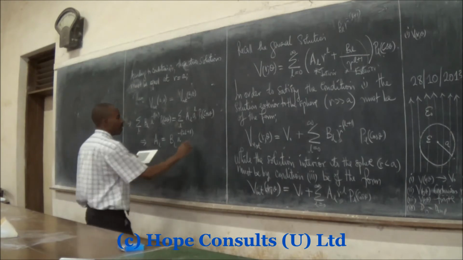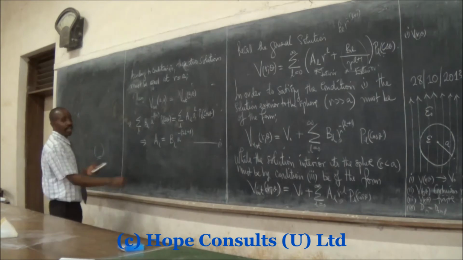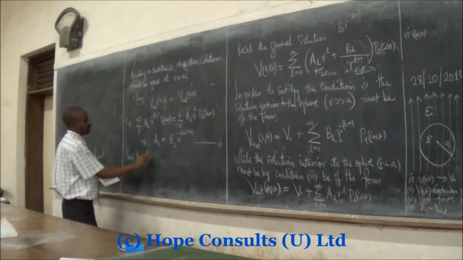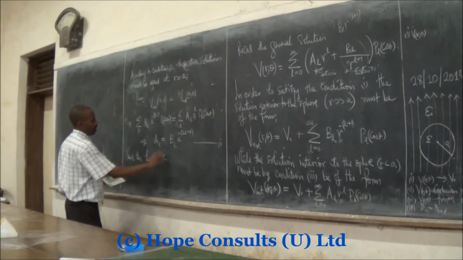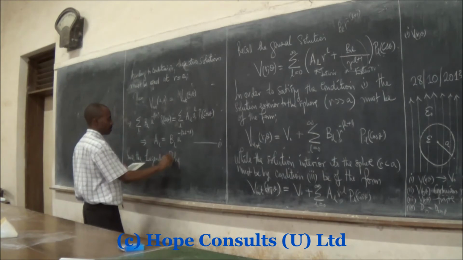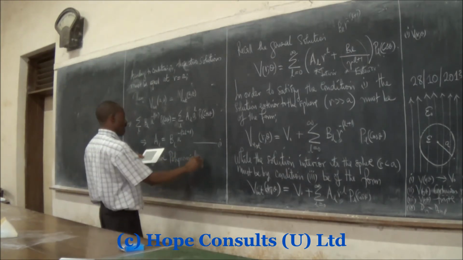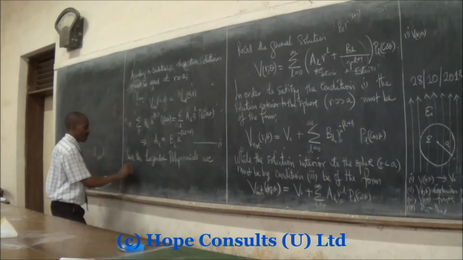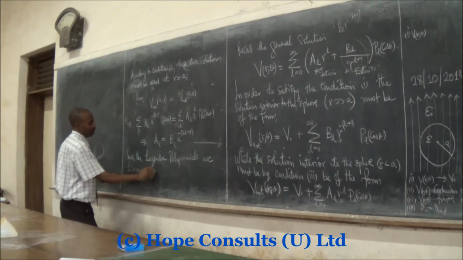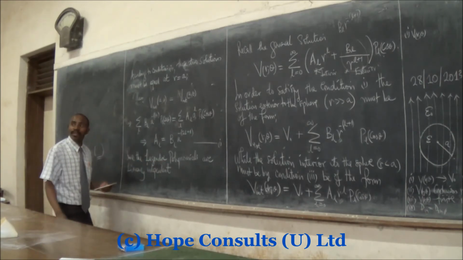And I call this one equation 1 for this example. Since the Legendre polynomials are linearly independent, what does it mean by being linearly independent?